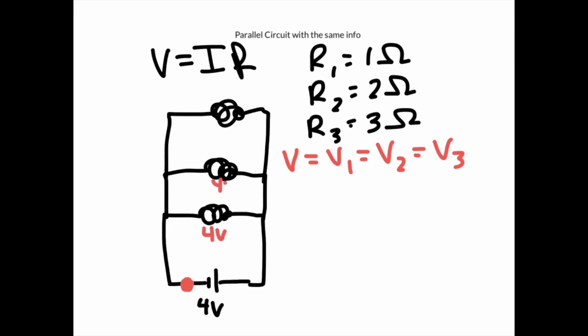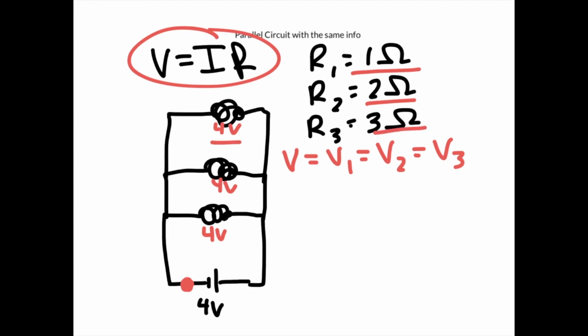It's 4 volts across this lamp and 4 volts across this lamp. And we can use our Ohm's law equation across each lamp individually, because we know the resistance and we know the voltage across each of those lamps.